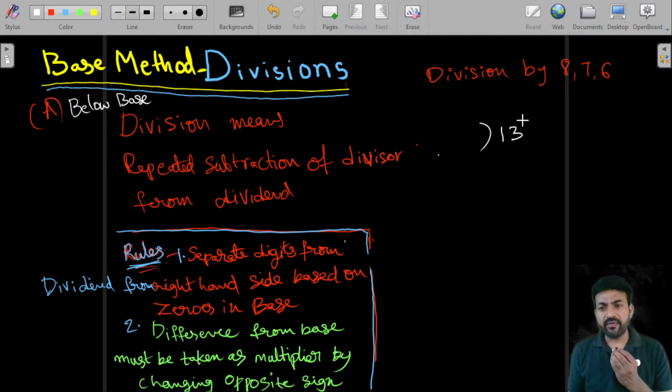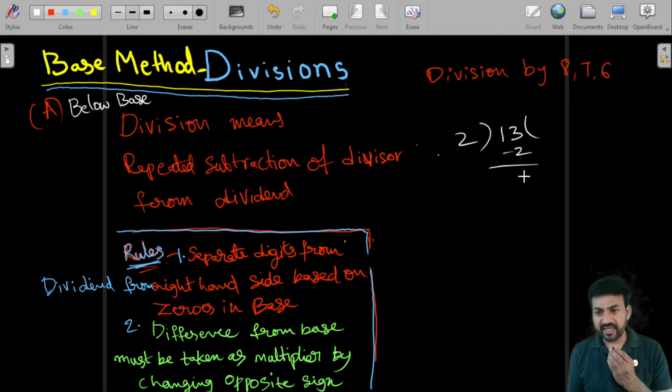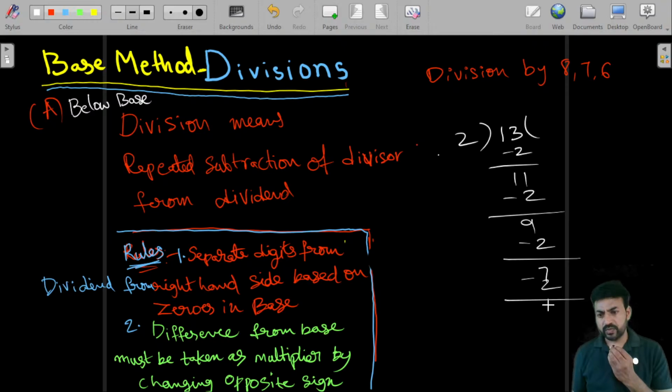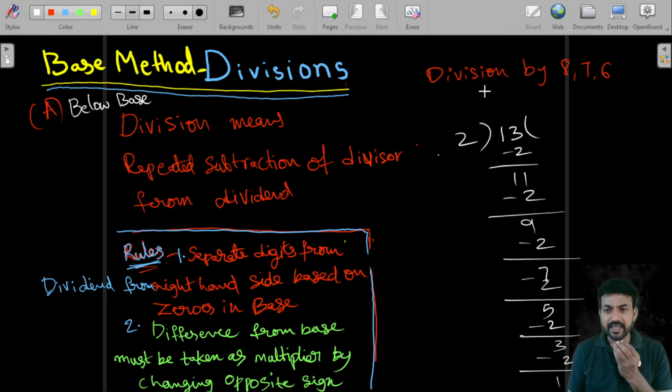If you have to divide it by 2, you have to subtract each and every time. 13 minus 2, 11. Again 11 minus 2, 9. Again 9 minus 2, 7. Again 7 minus 2, 5. Again 3. Again 2. Remainder is 1. See, division means repeated subtraction of divisor.